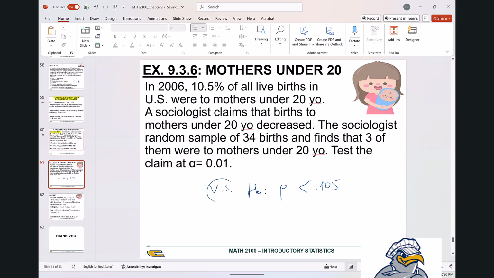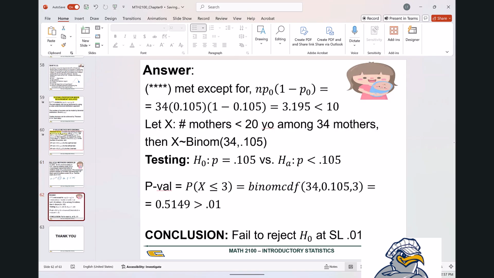This is the claim he or she wants to support. The significance level here is 0.01. When you check the condition, 34 times this much will be less than 10, so the condition is violated, and it does not allow you to use the theorem, because the approximation will not be good.